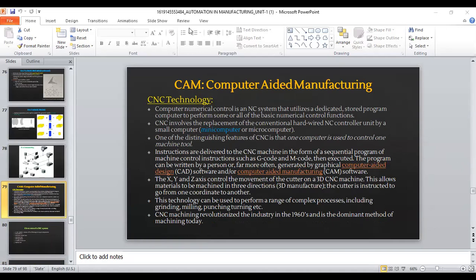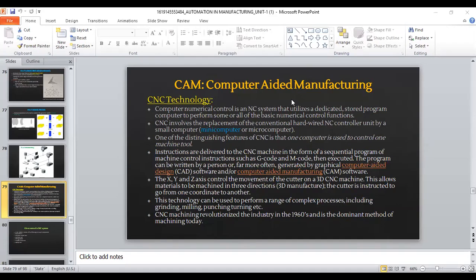Okay, so we saw how we are able to implement CAM with the help of CNC technology. We saw that the CNC, as we call it, computer numerical control, is a system that utilizes stored programs. So you have a program of instructions, right? Part program is what we call it, and that contains the instructions about the geometry data as well, like which coordinates, basically the coordinates of the geometry, and also miscellaneous functions such as tool, right?